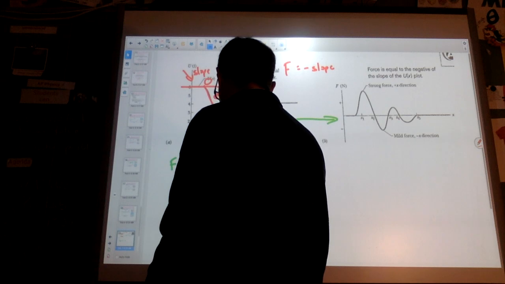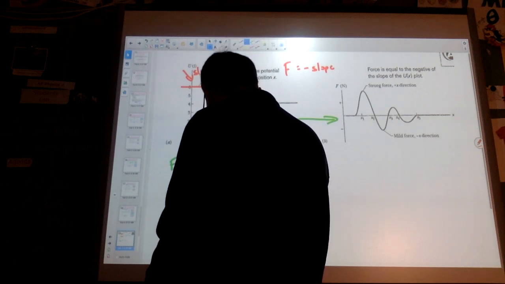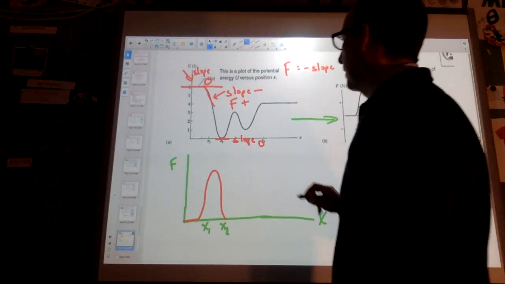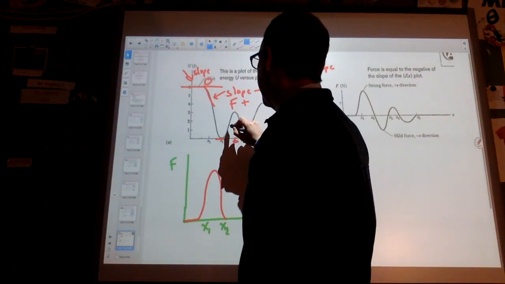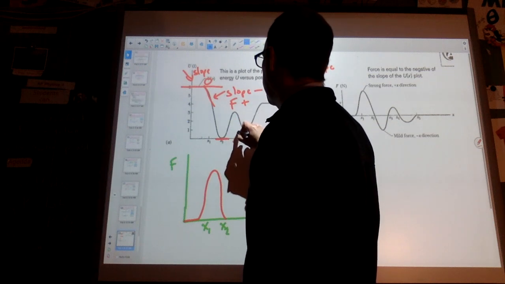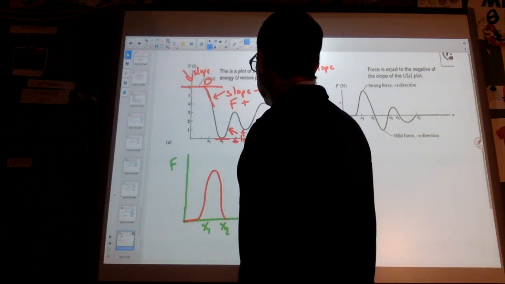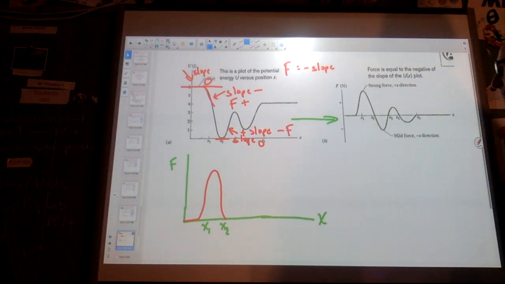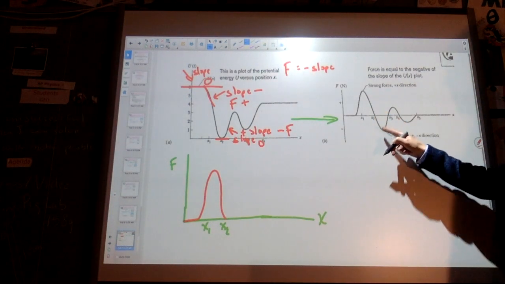So we're saying this is 0, this is going to go up, and then it goes back down to 0. Now I'm going to have a positive slope, so that's going to be a negative force. So now I'm dipping below.